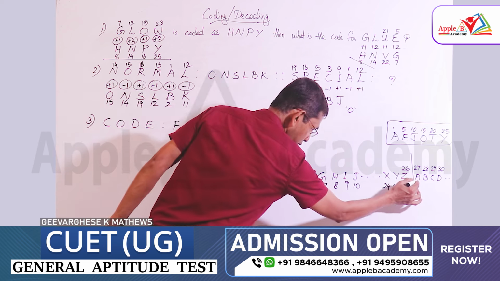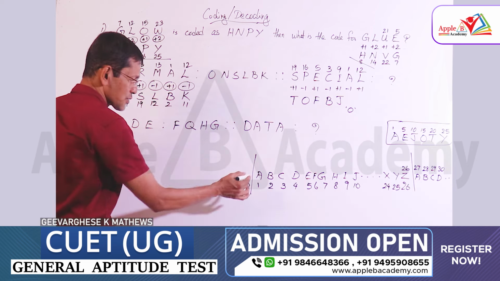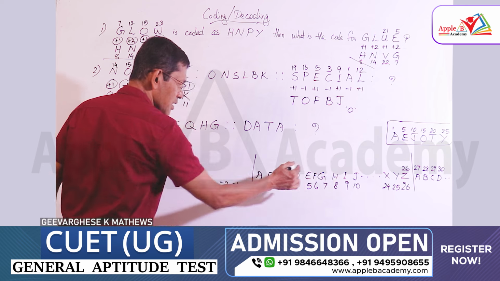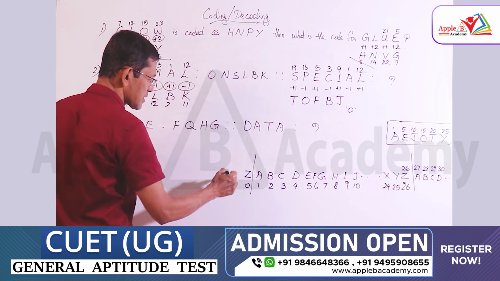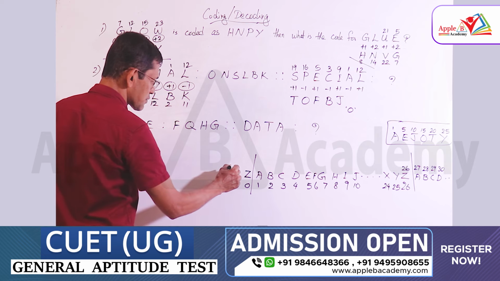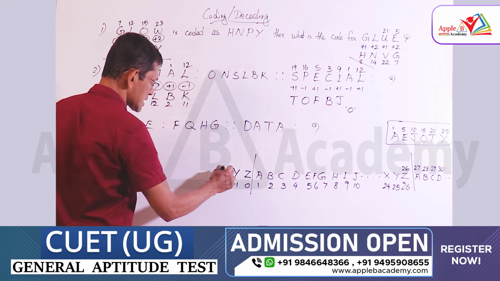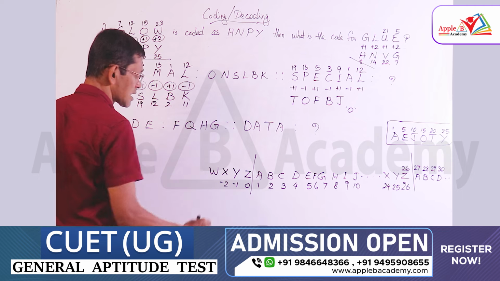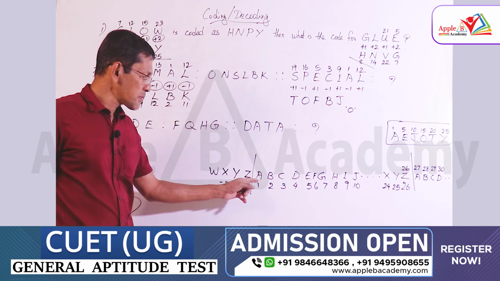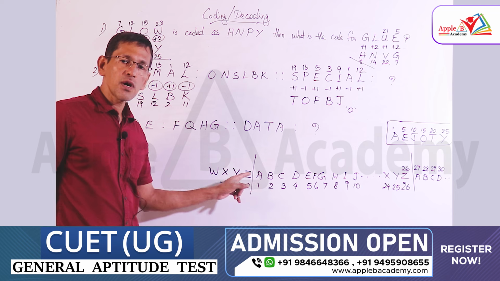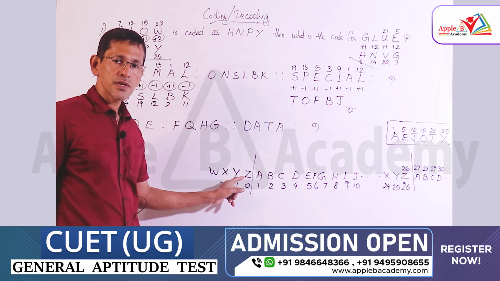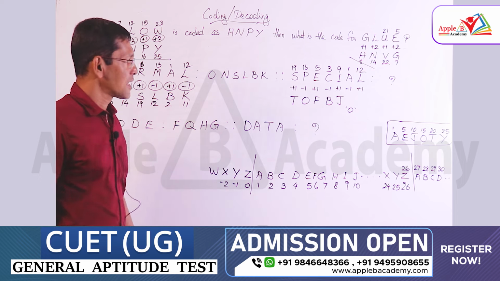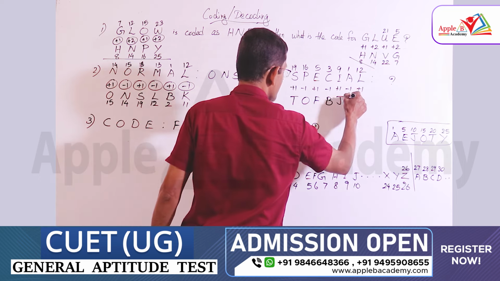So immediately before A, it is Z, right? So here it is one loop here. And of course, there is a loop before that. So which letter before A here? It would be Z and this would be Y and this would be X and this would be W. It goes like that. So which letter before A? Before 1, it's 0. And the letter that comes at the position of 0 is Z. So A minus 1 is Z.